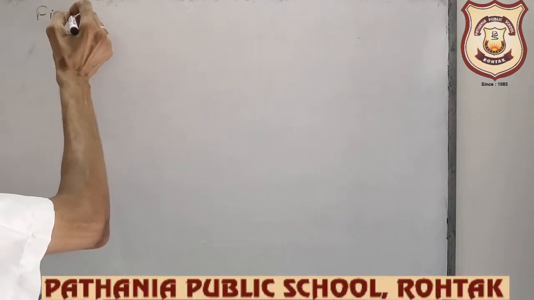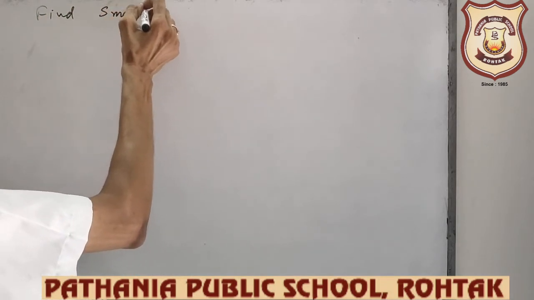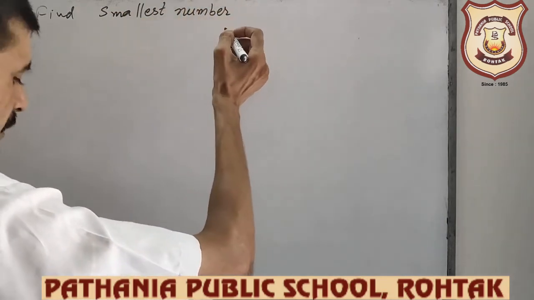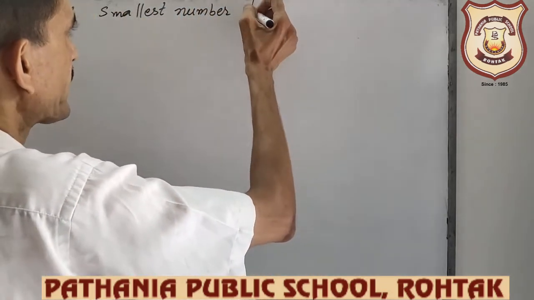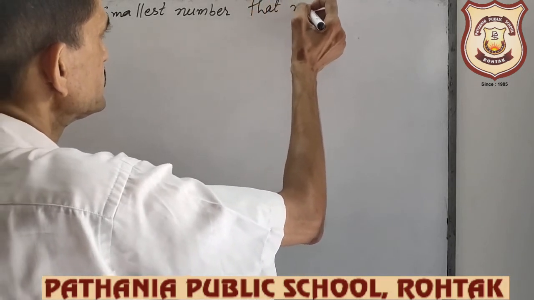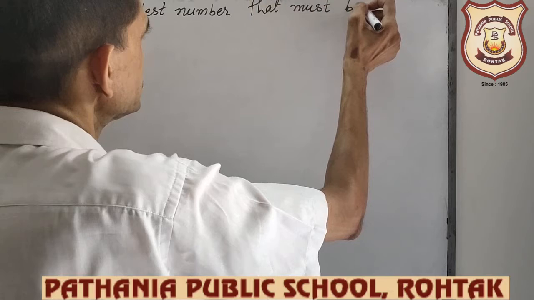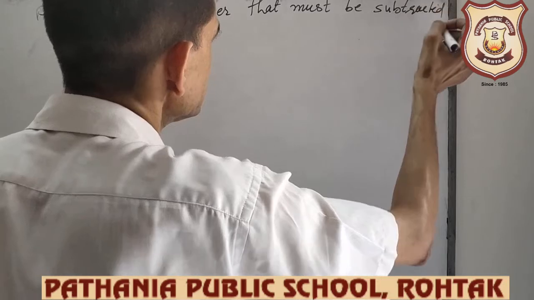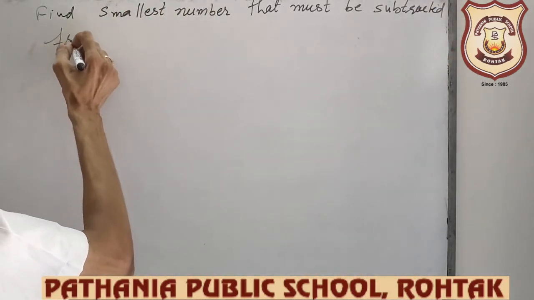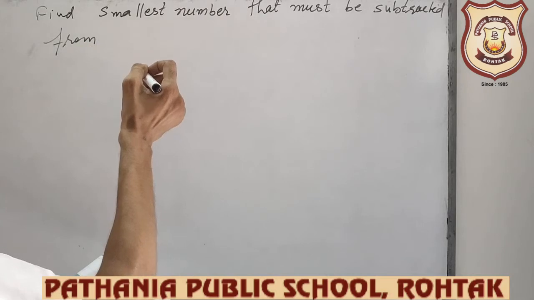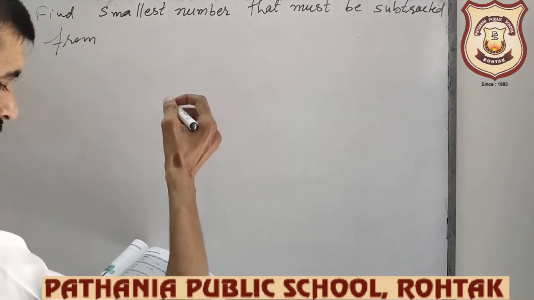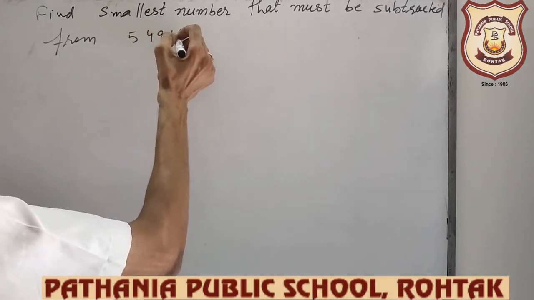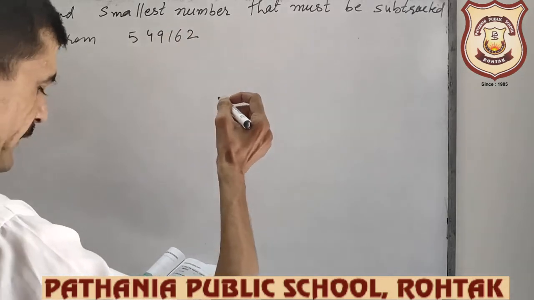Find the smallest number that must be subtracted from 5,49,162 to make it a perfect square.